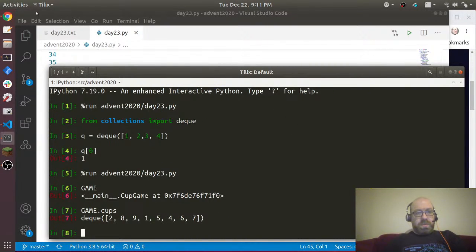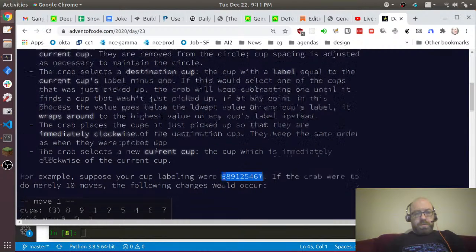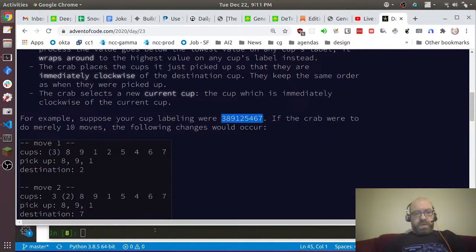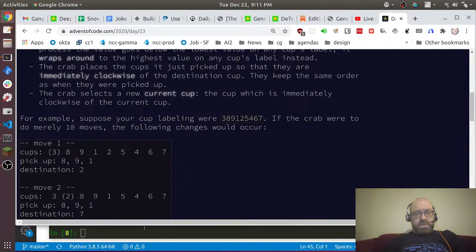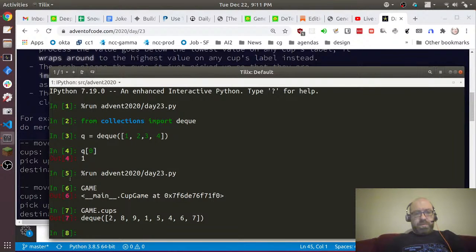Game.cups, and now it should be 28915467, but I'm missing the 3, so I should have added that back. And when should I have added that back?